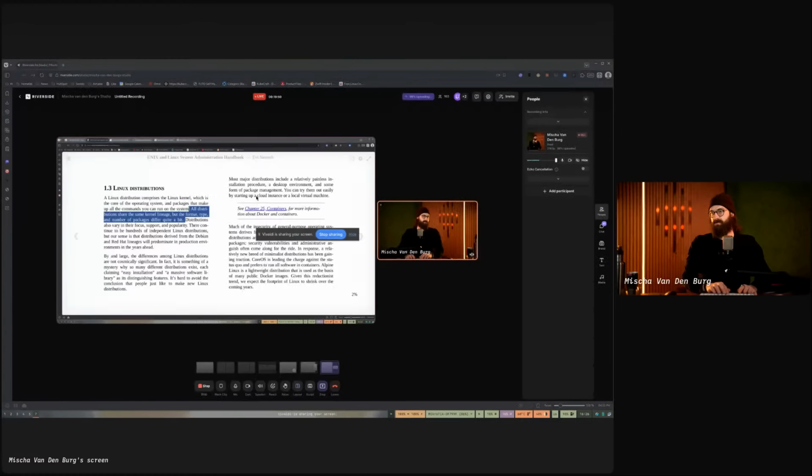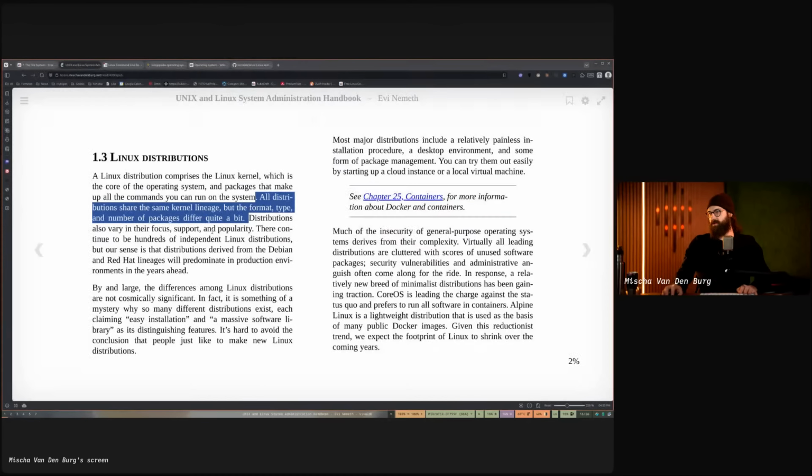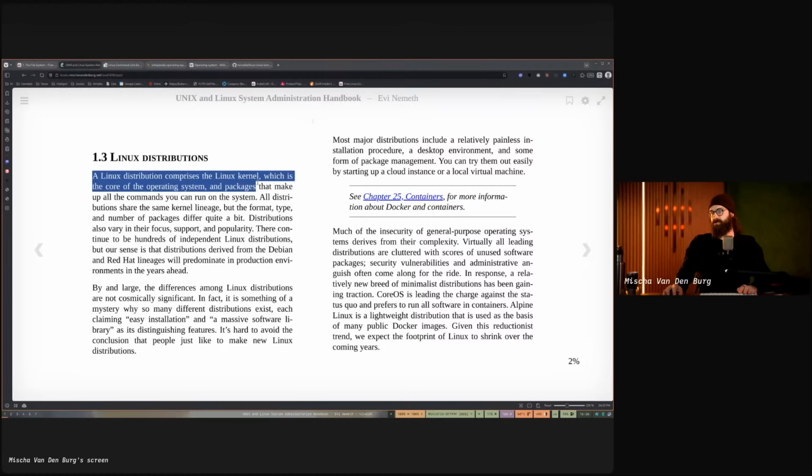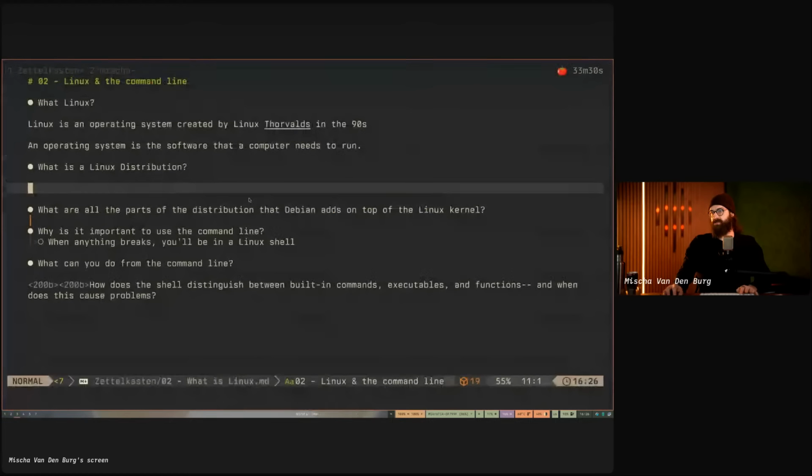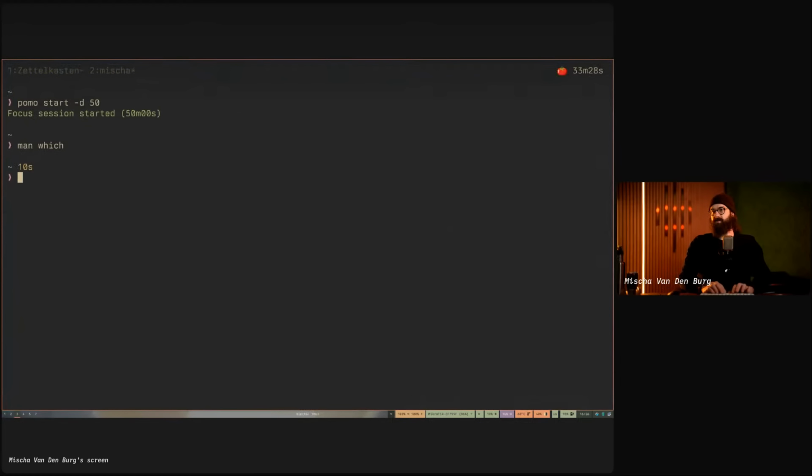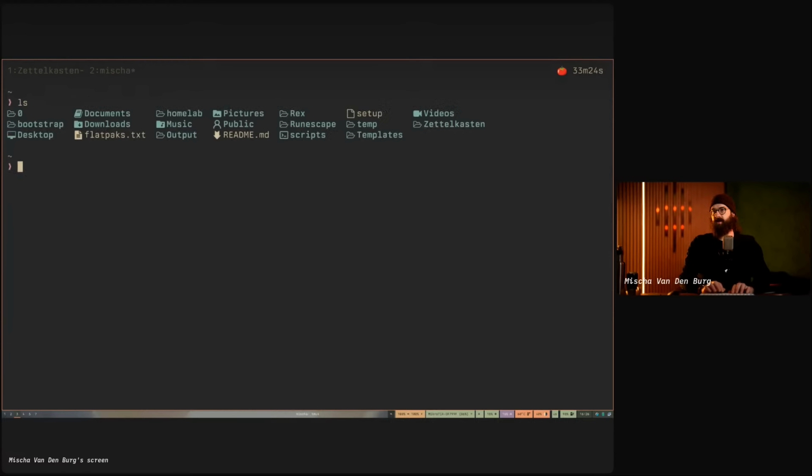So this is fundamentally what I was saying last week, okay? A Linux distribution takes the Linux kernel and packages that make up all the commands you can run on a system, okay? So this is a Linux system, and I can run the clear command. I can run the ls command.